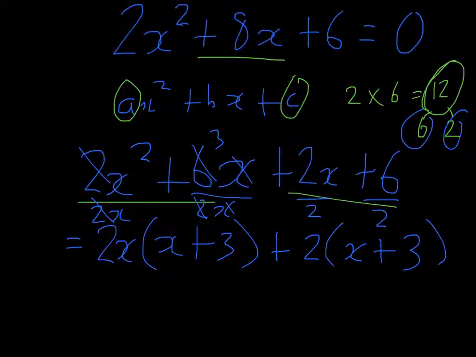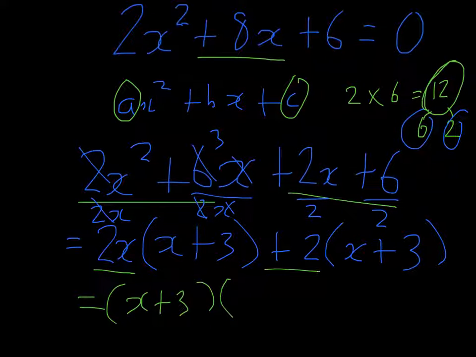Therefore, I can simplify that further by x plus 3, and use these two terms to make the second bracket 2x plus 2, or vice versa. You could then check to make sure that is right.